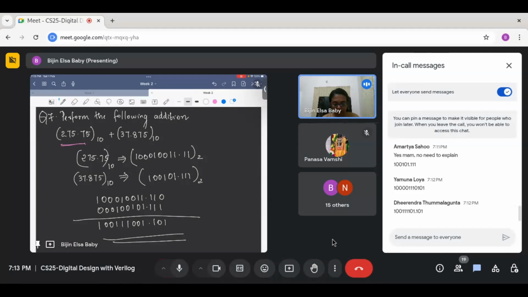Yeah, all of you got this answer. This is the binary representation. The decimal equivalent will be 313.625.